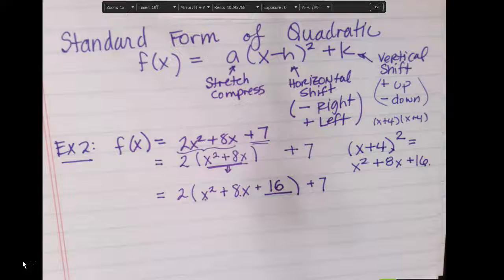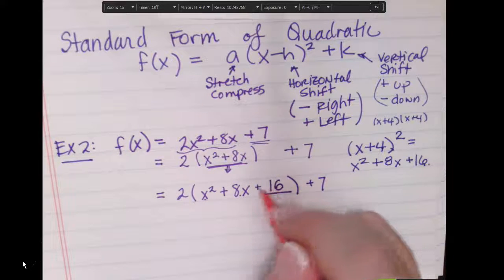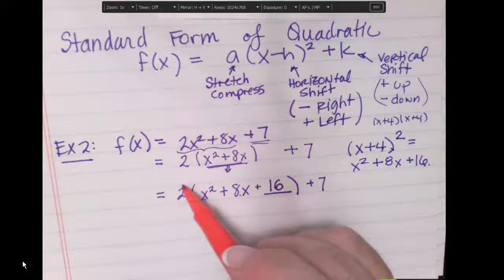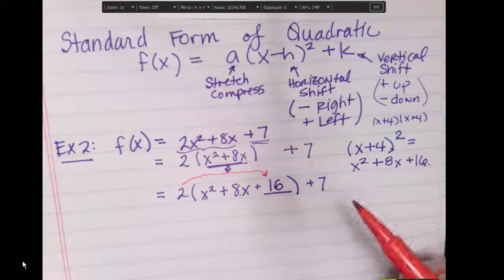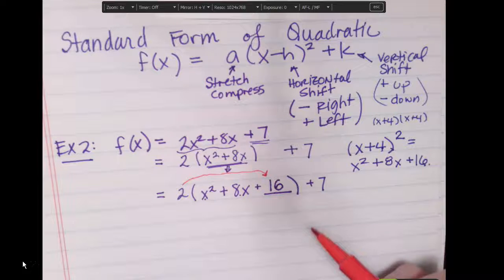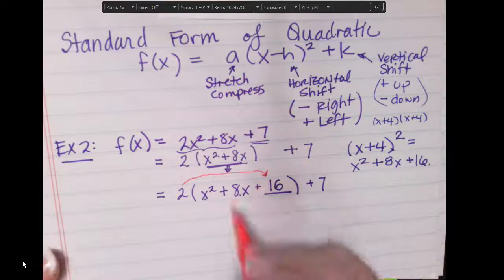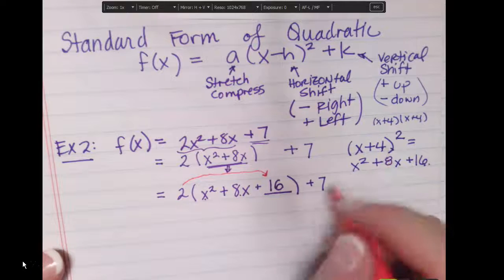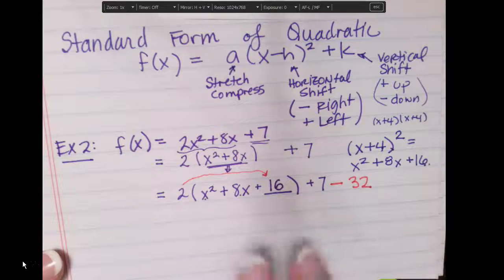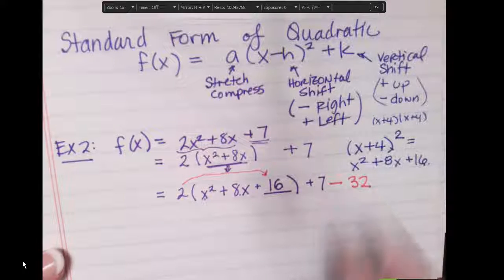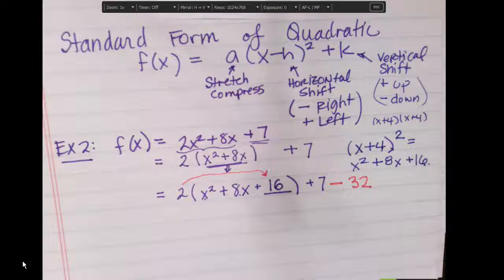So I just need to be mindful that I added 16 to complete the square, but there is this 2 out here, so that 16 in the long run is going to be 2 times 16, or 32. So I added 16 here, and as long as I subtract 32 here, basically I did plus 32 minus 32. I added 0 to my equation, which is totally legal.